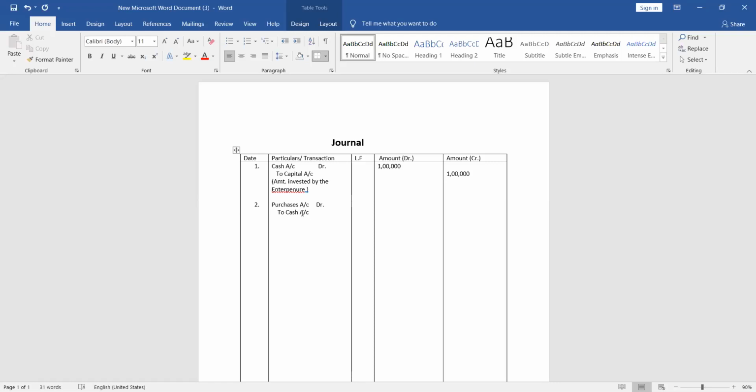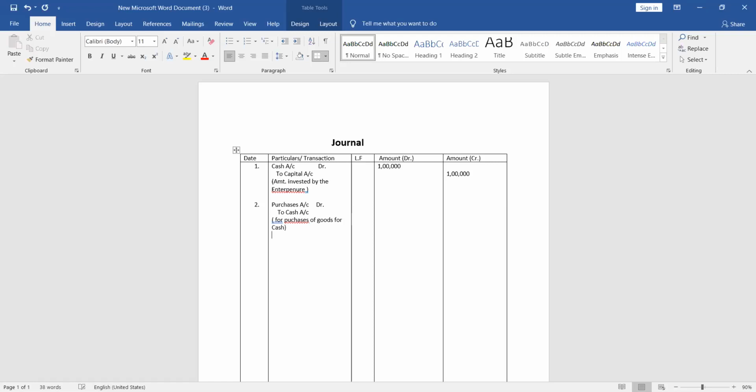So purchases account debit, and cash credit, because cash is going out of the business. So purchases account debit to cash account. The entry is to be made for purchases of goods for cash.